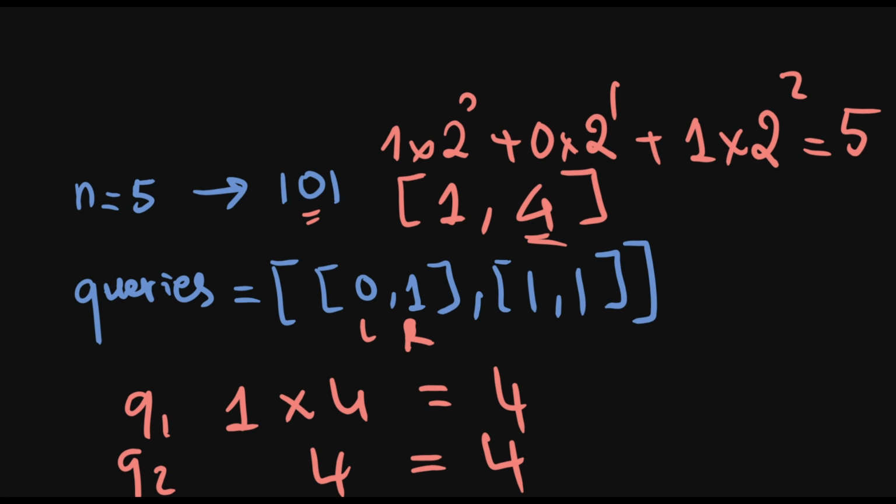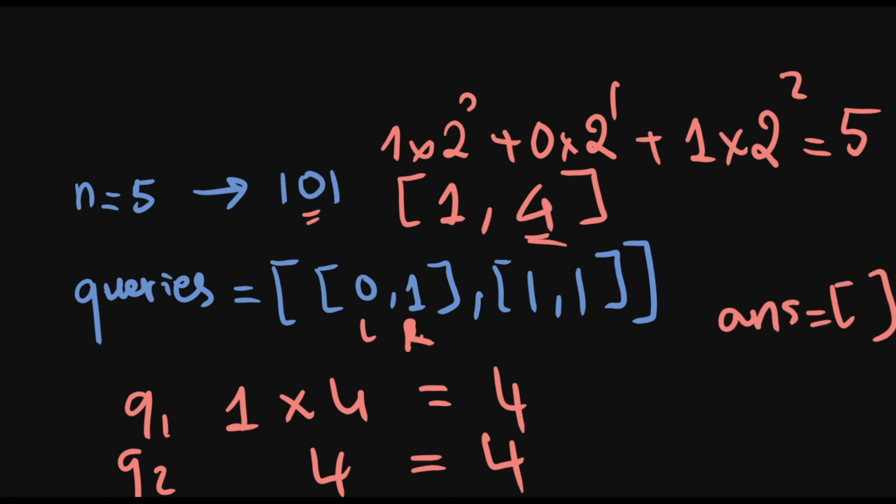First, we convert the integer n into a binary representation and get a list of those numbers. Then each query, we process one by one, and we do another loop from left to right, take all of these values inside the binary representation and multiply all of them, and then append it to, maybe you can call it, the answer list.